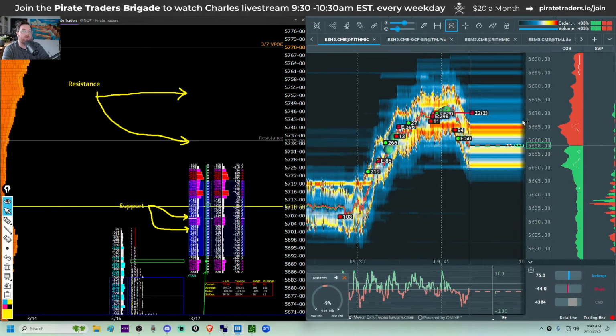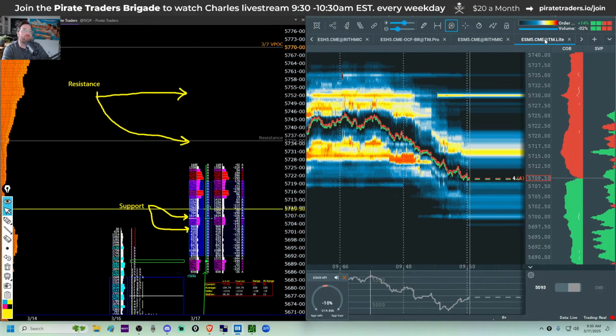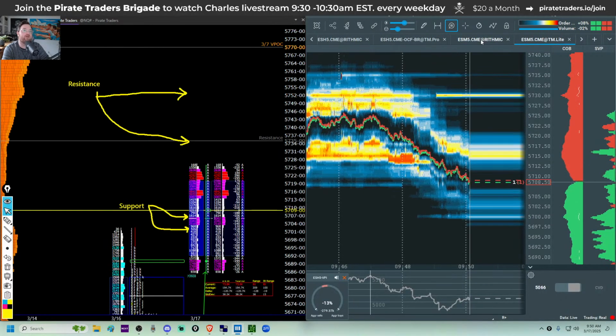It's also worth noting we still have an iceberg at the high. That is sometimes a sign that the market wants to come back and test that level once more.